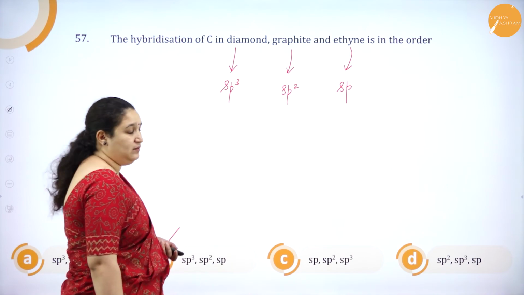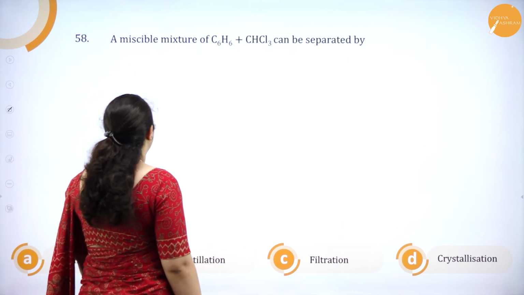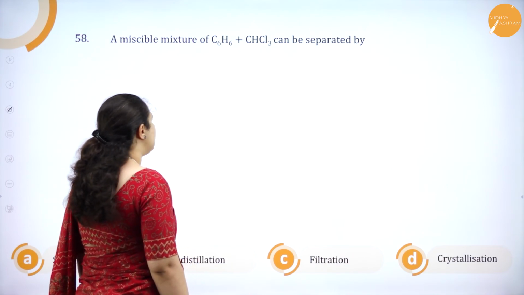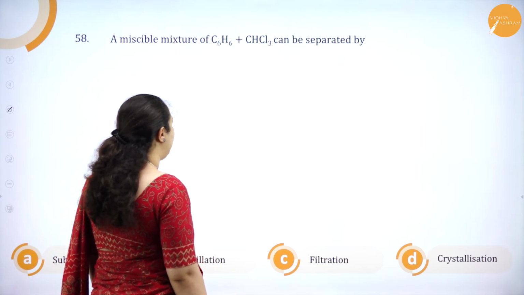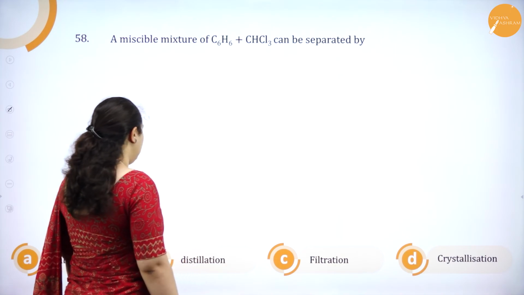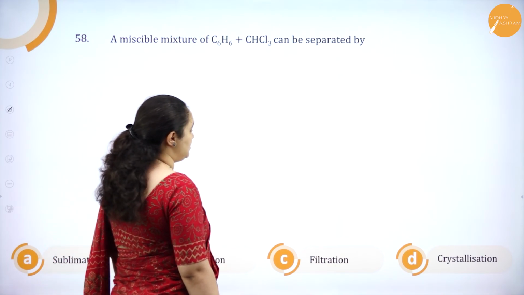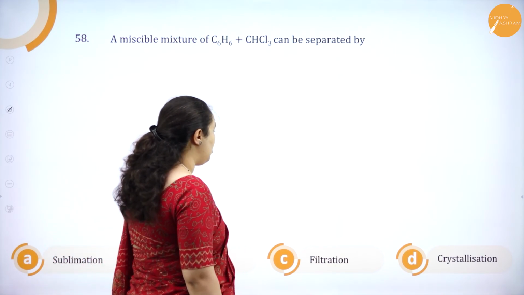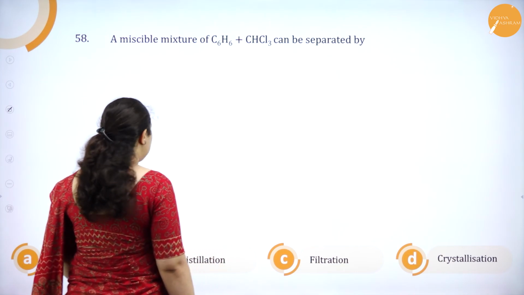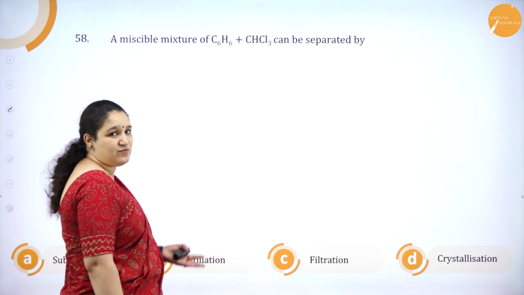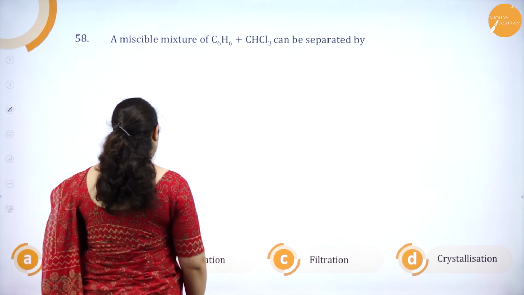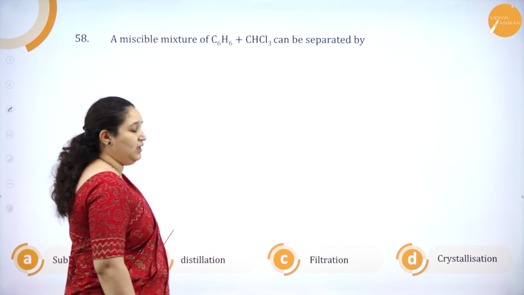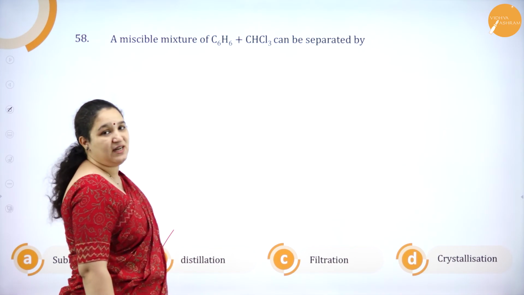It's very simple. Next one. A miscible mixture of C6H6, that is benzene, and chloroform can be separated by sublimation, distillation, filtration, crystallization. Obviously it is not filtration, crystallization or sublimation, because we don't have solids, they are two miscible liquids. So it has to be option B, which is distillation.